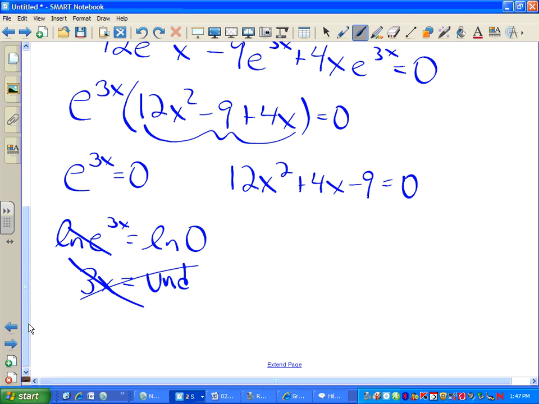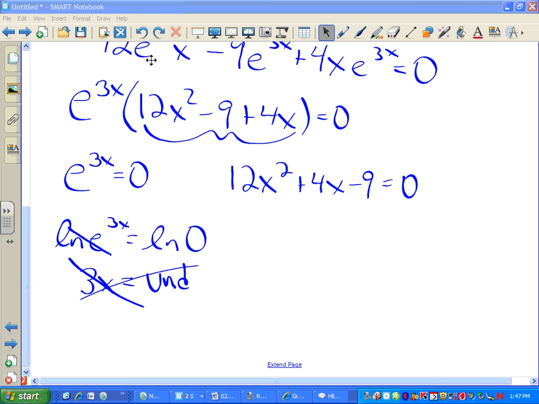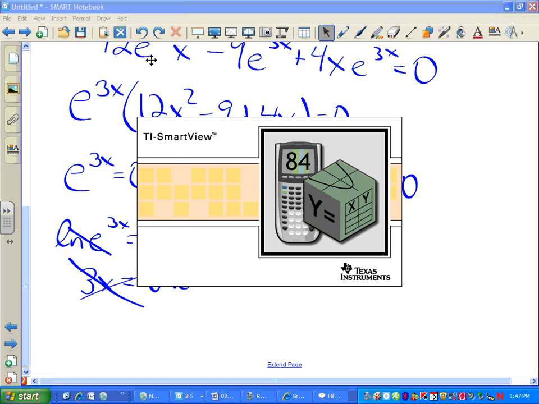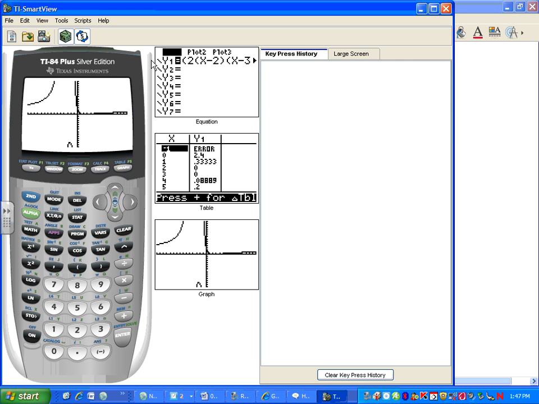On this one, if you're doing this with your calculator, let's wait for my calculator to pop up. You would put the equation in y1 and put 0 in y2. So let's clear this out.